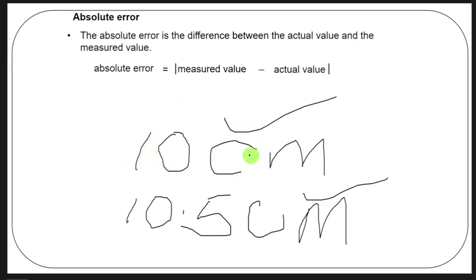Maybe the true value is 10 centimeters. Then the difference between the measured value and the actual value they're supposed to get will give us the absolute error. So absolute error, the way we found it at the beginning and the way we are finding it here, is actually the same.